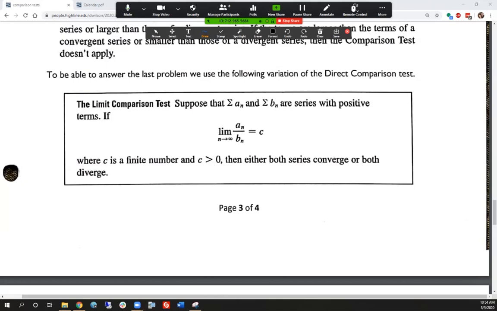But imagine that you had one series like 1 over n and the other series like minus 1 over n.